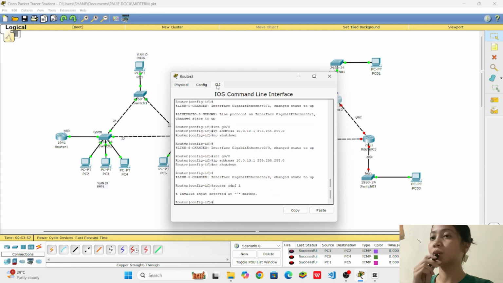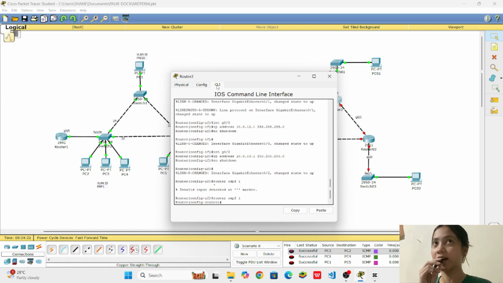Here again in our router protocol, we have the interface G0/2. In each router we have the 3 gigabit interfaces, so connect siya sa dalawang router. Each router ko-config natin siya.